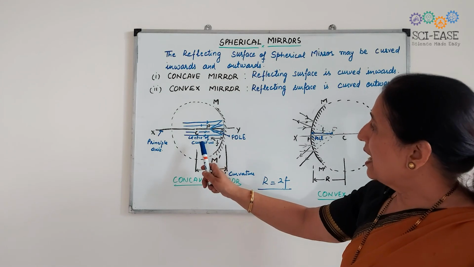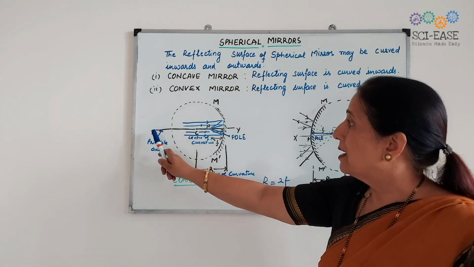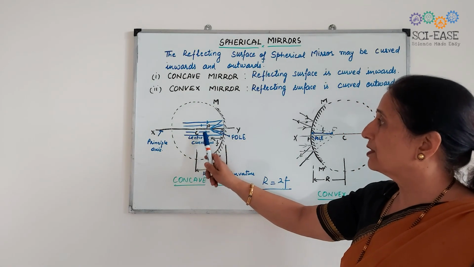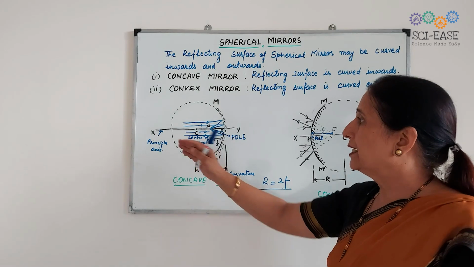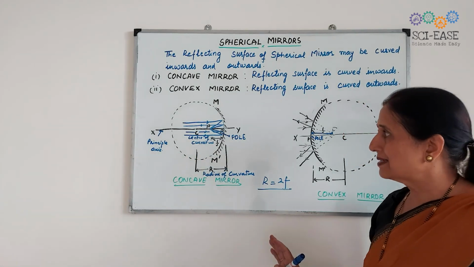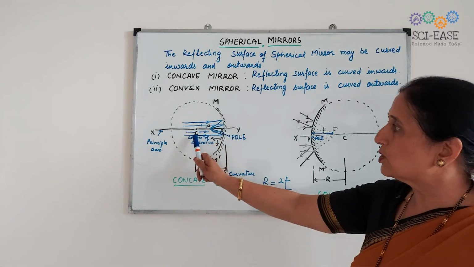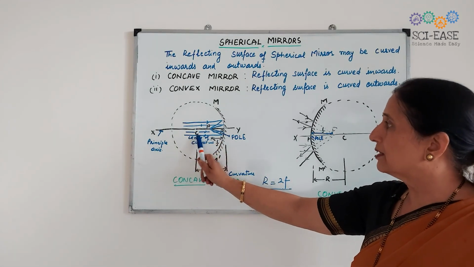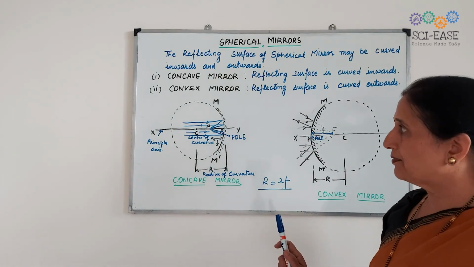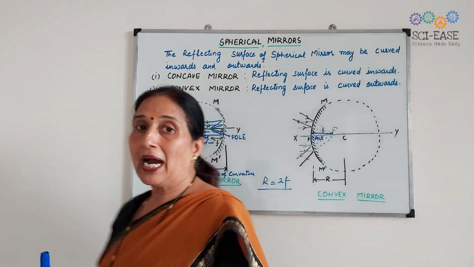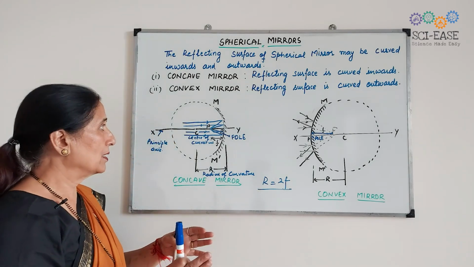Then I have told you about the principal axis, the line passing through the center of curvature and pole, which is normal to the pole. It is known as the principal axis. The next is radius of curvature, the distance between the center of curvature and the pole. The next term I have told you about is the focus.